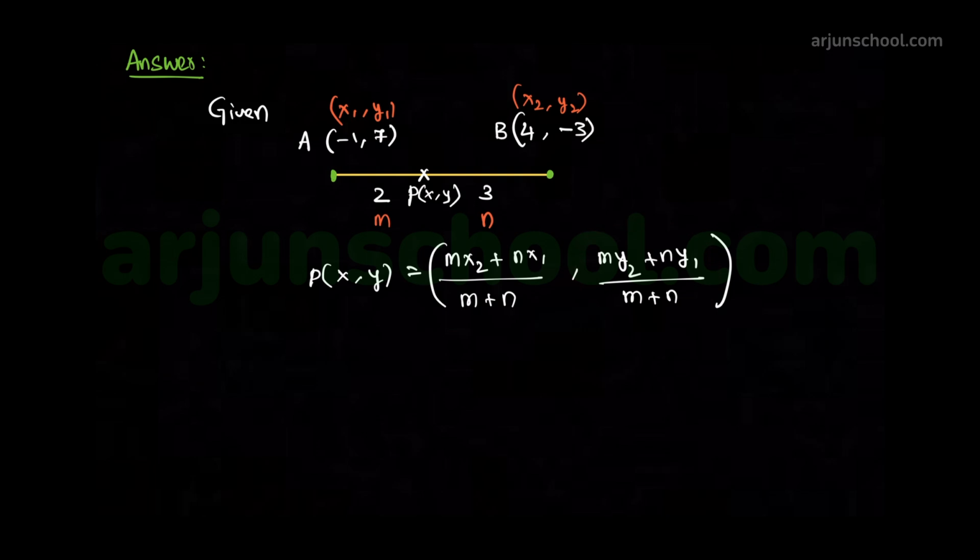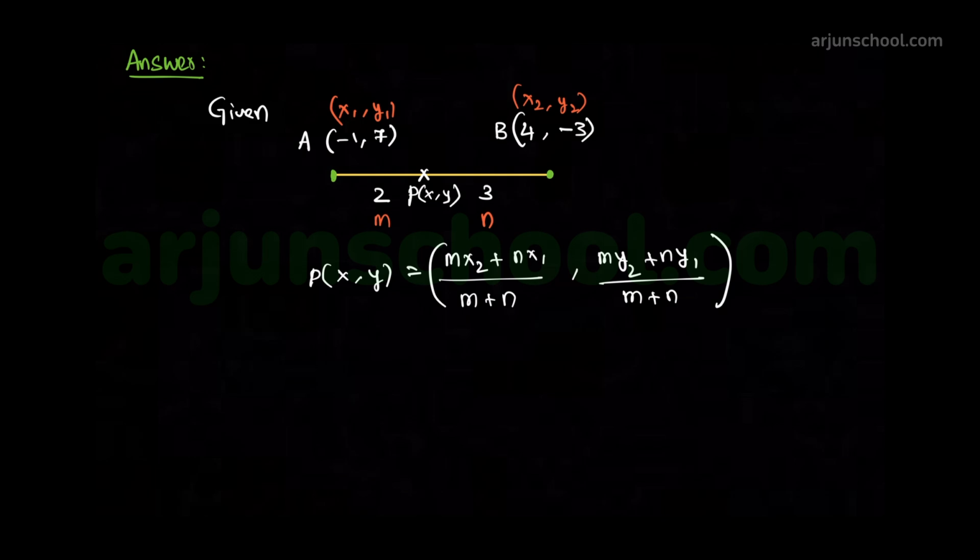Here m is equal to 2, n is equal to 3, x1 is equal to -1, y1 is equal to 7, x2 is equal to 4, and y2 is equal to -3.